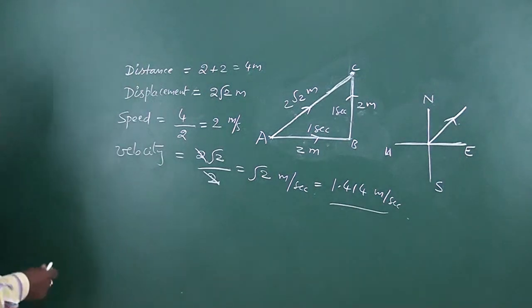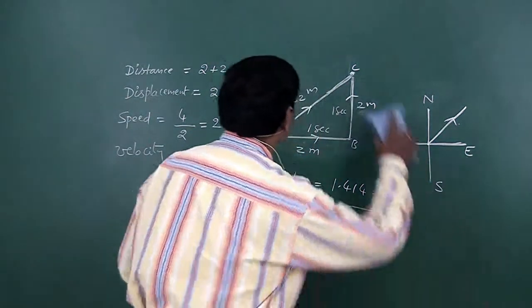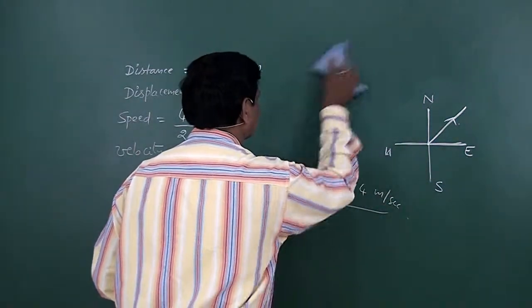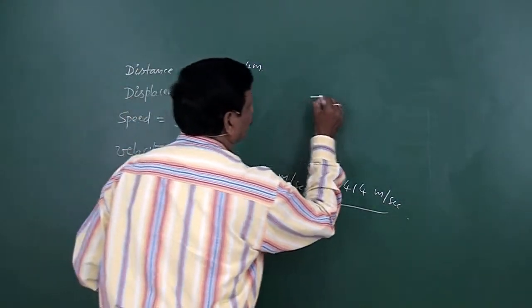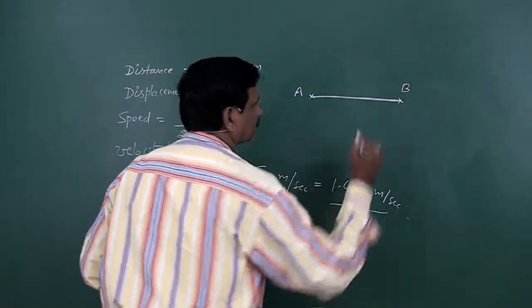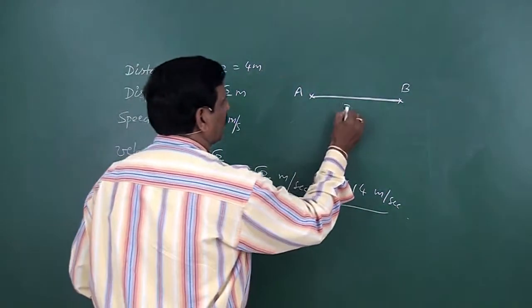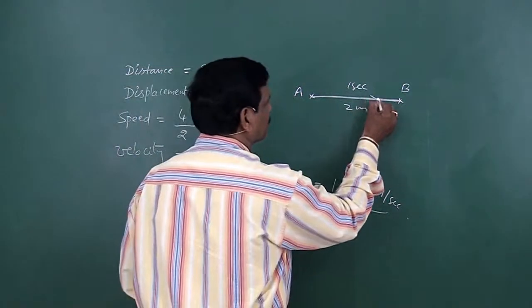And if you take another example, the body moves from A to B like this, 2 meter in 1 second, then moves in the same direction.